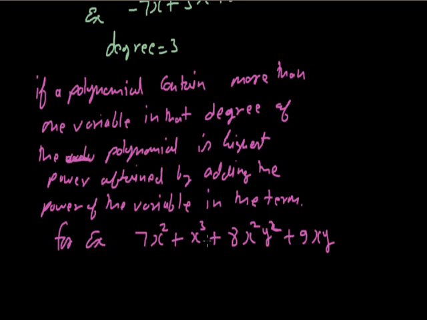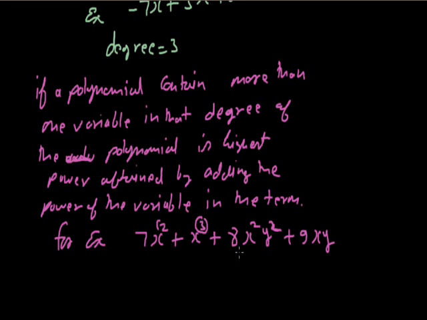If someone asks you what is the degree of this polynomial, what we see here is that there are two variables, x and y. We can say that this is a polynomial in two variables. Now to find the degree, here the power of x is 2, here the power of x is 3.